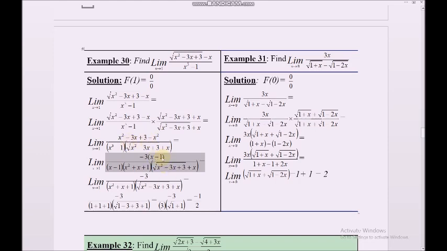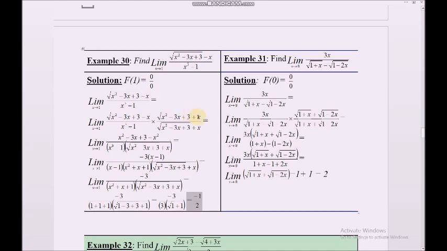You will get x minus 1. Look here, what's the common between? It's x minus 1. If you cancel it, you will get negative 3 above and two brackets down. Start substitution using 1. It will be as final negative 1 over 2.